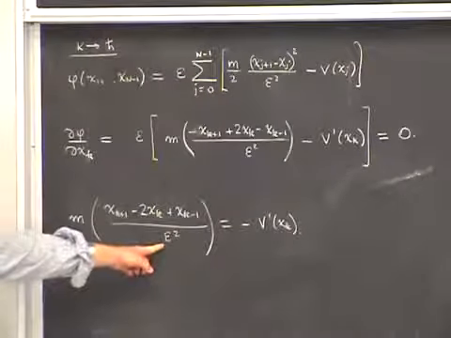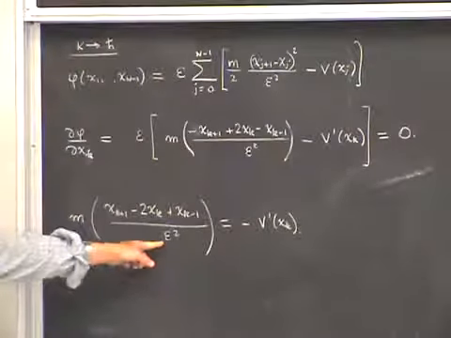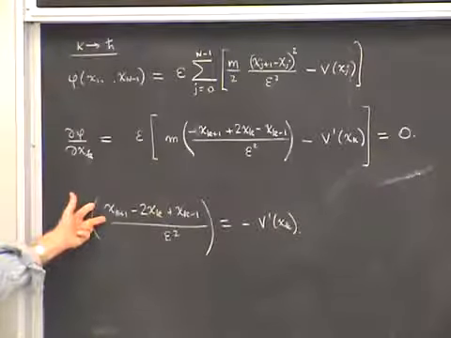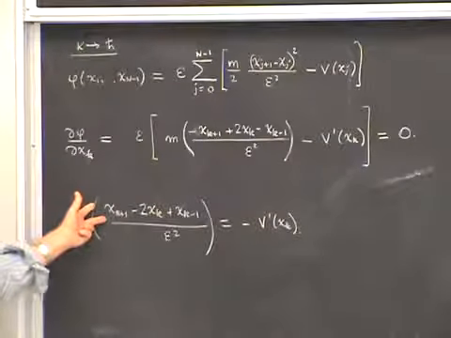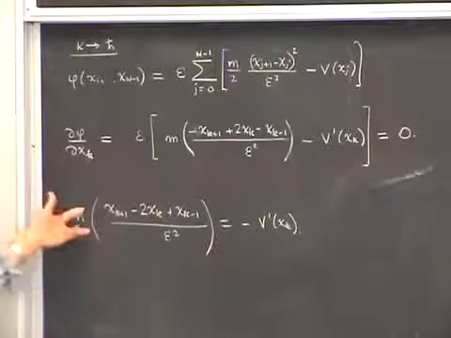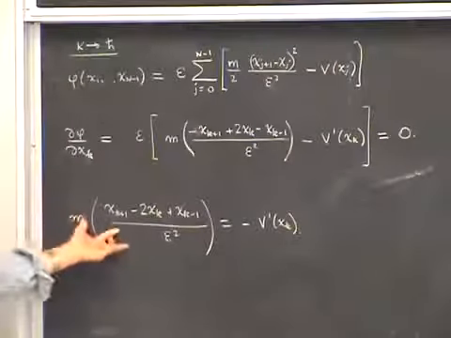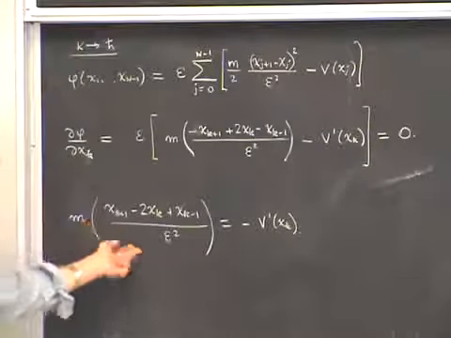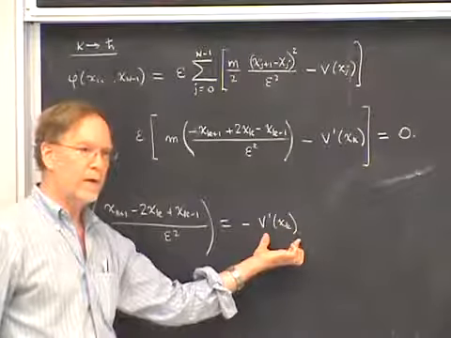The epsilon is interpreted as a delta t, and what's in the numerator here is a discretized version of the second derivative of x. So this is a discretized version of mass times acceleration, and on the right-hand side you've got the force evaluated at xk.